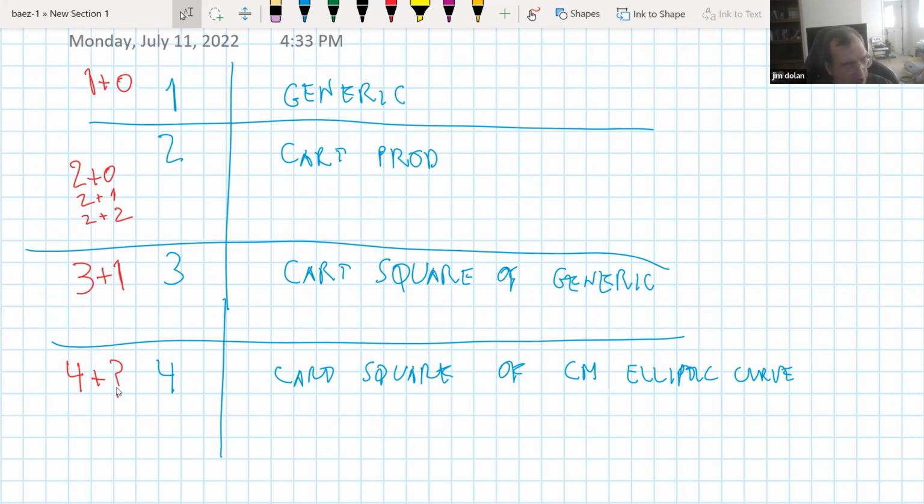Can I get the 3 plus 1 to make sense? Let me think about the real 2 by 2 matrices with real entries, and let me think about what the skew symmetric ones are like and the symmetric ones.